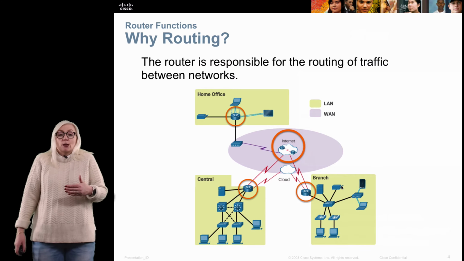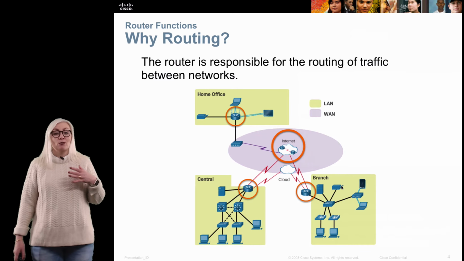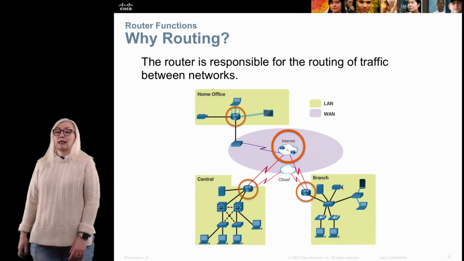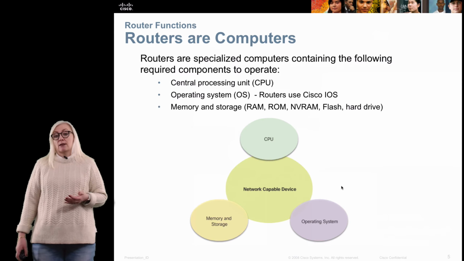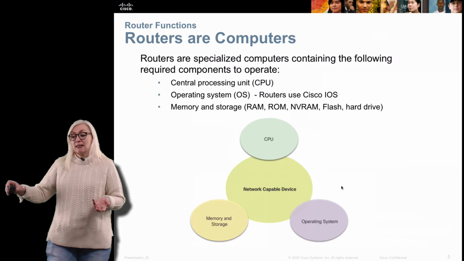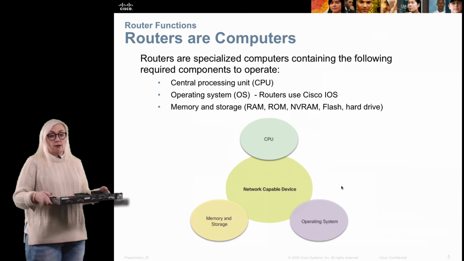So if I want to communicate with other networks, or I want to go onto the internet, well then the routers are the ones that take care of that for me. If you look inside the router device itself, the physical device, it's actually a specialized computer.